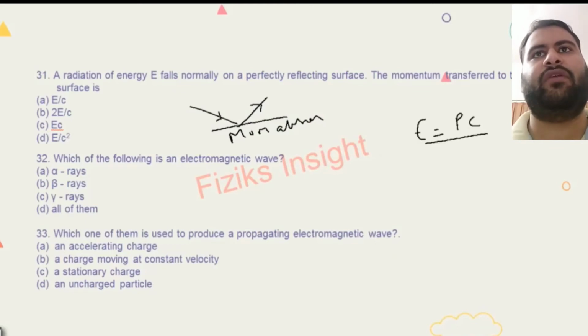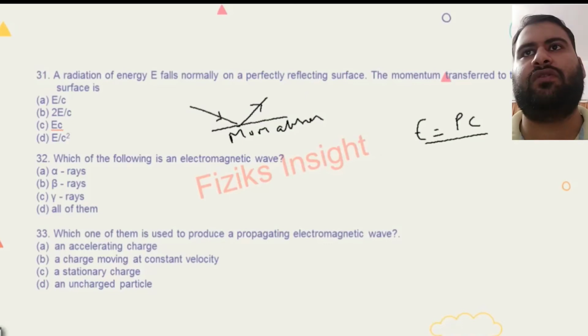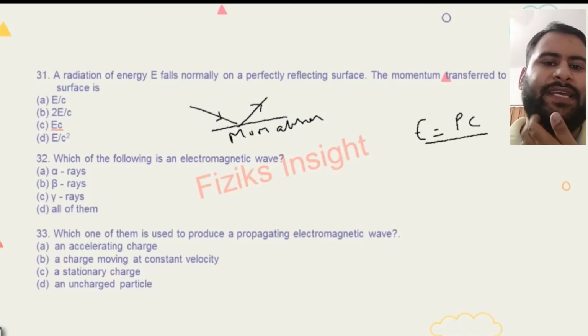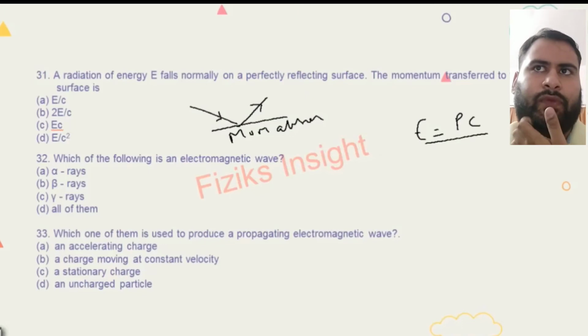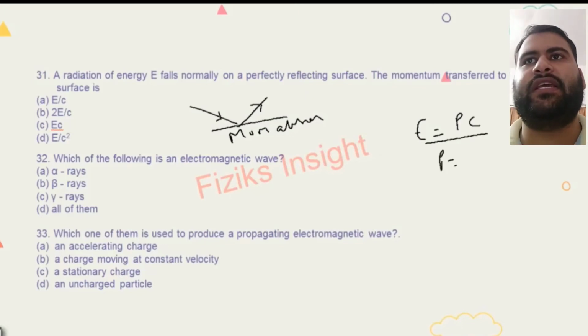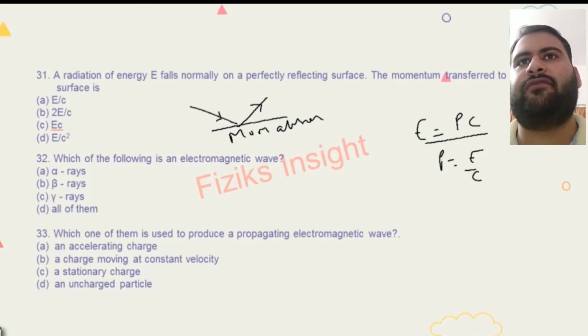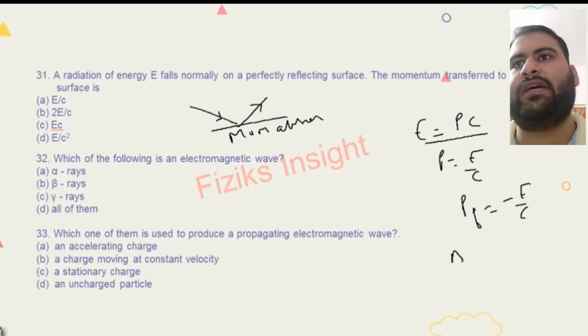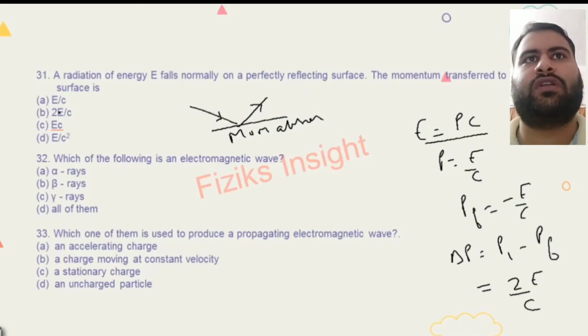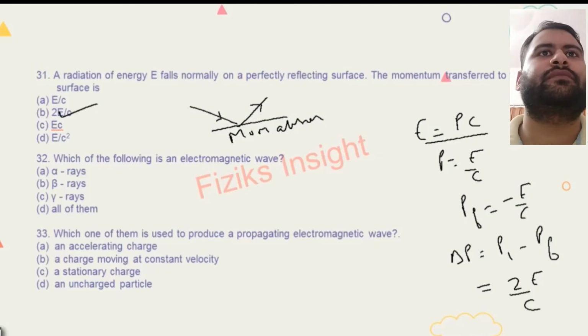Okay, so we have to evaluate the change in momentum, and also we know that E is equal to PC in case of photon. So P comes out to be E upon C. It is for the photon coming towards the surface. Once it reflects away from the surface, the final momentum becomes minus E upon C. So change in momentum is what? P initial minus P final. It automatically becomes 2E by C. Okay, so the correct option is B part.